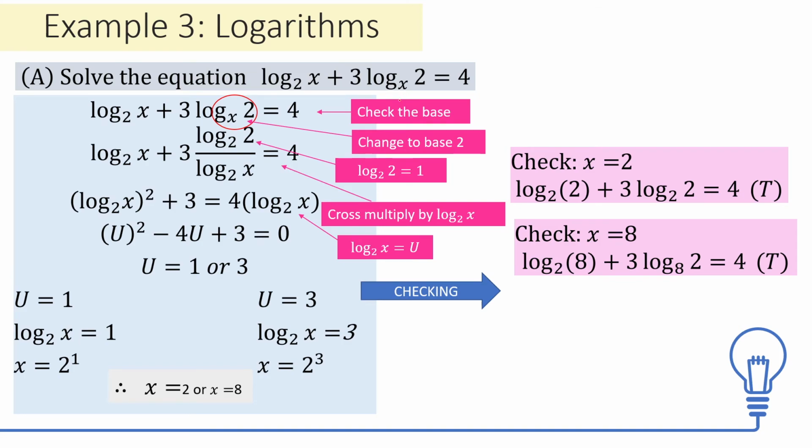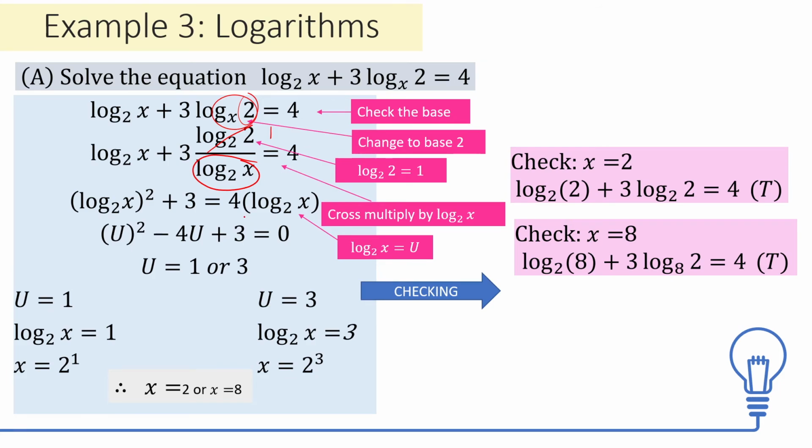Okay, so we apply the change of base. If we want to change it to base 2, so log 2 take this is the original, and log 2 the base is x. Since this log 2x is something we want, I multiply here log 2x, and the 3 log 2 actually is 1.